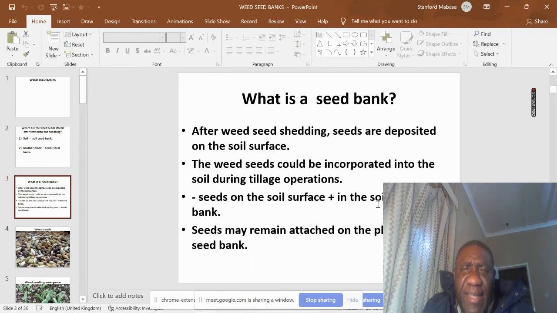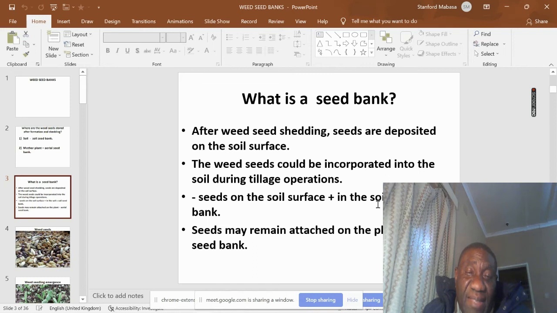So what exactly is the seed bank? After weed seed shedding, seeds are deposited on the soil surface. The weed seeds could be incorporated in the soil during tillage operations. So, what constitutes the weed seed bank are the seeds on the soil surface plus seeds in the soil.